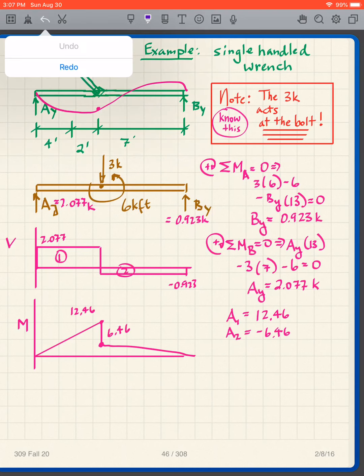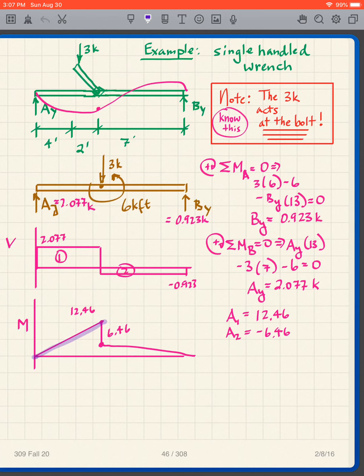I get my areas. Those are my A1s and A2s. I do my moment diagram. I go up area 1. I have to remember I have a concentrated moment, 6 counterclockwise, so I drop 6, and then that's a negative area, so I go down like that.